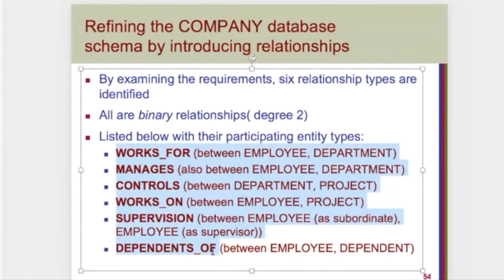We talk to the employees, we talk to the company managers, we talk to the users, we see their reports, we see their forms. From there, we get our data requirements for our database system. Then we write everything down. From that written description, we identify entities, then we identify attributes, and then we identify the relationships.